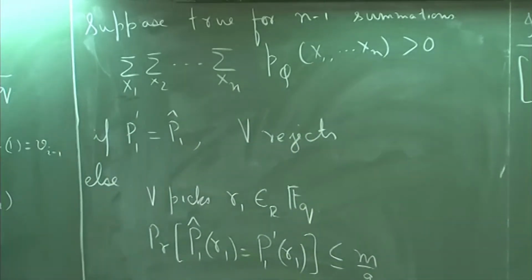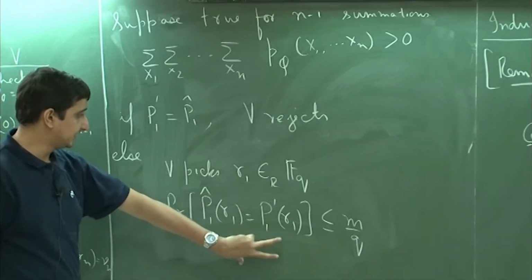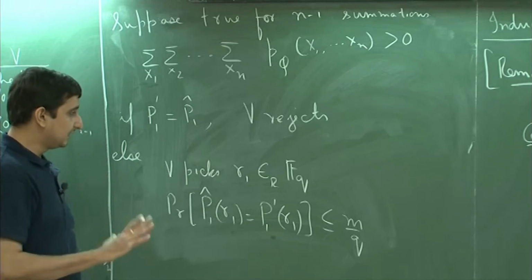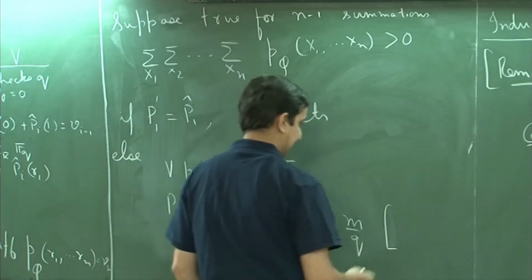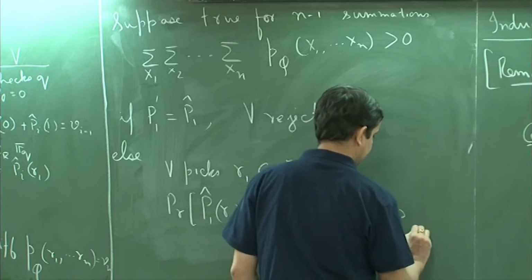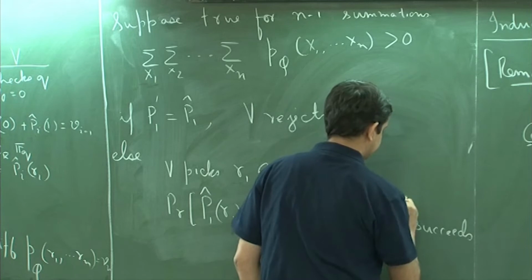Suppose V ends up picking an r1 for which these two polynomials are the same; we will say that if that happens, then P succeeds. So, he succeeds in fooling the verifier.